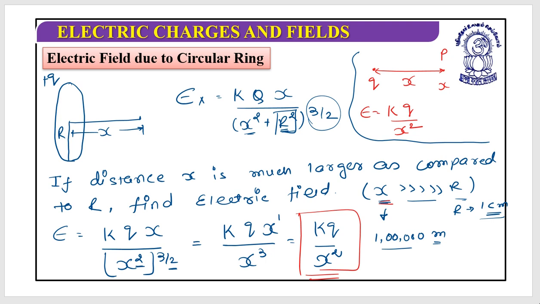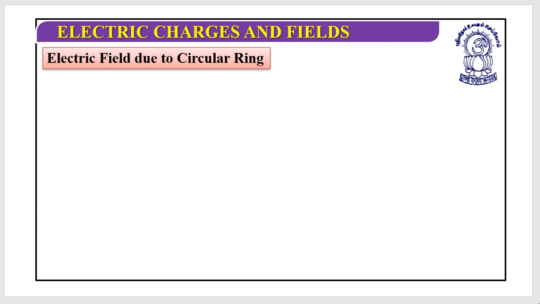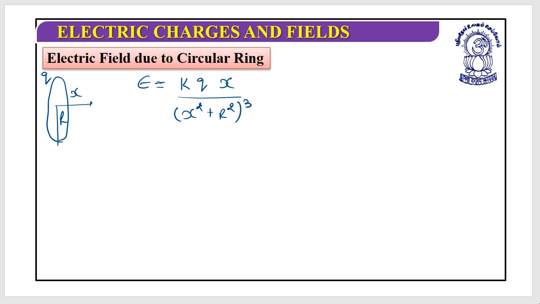Okay. So now let's move to the next question, the next case. First, redraw this. This is r, and this was the x, and the charge given is q, and I have this electric field: k q x divided by x square plus r square to the power 3 by 2.